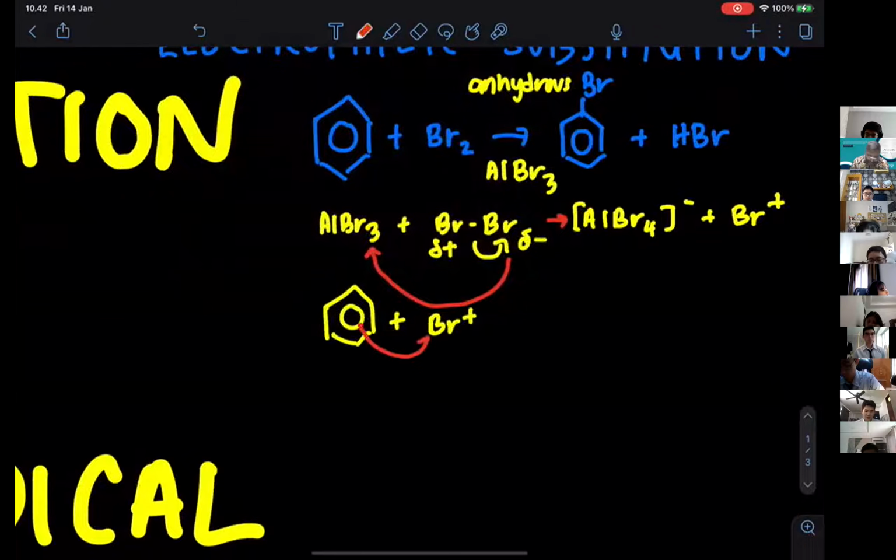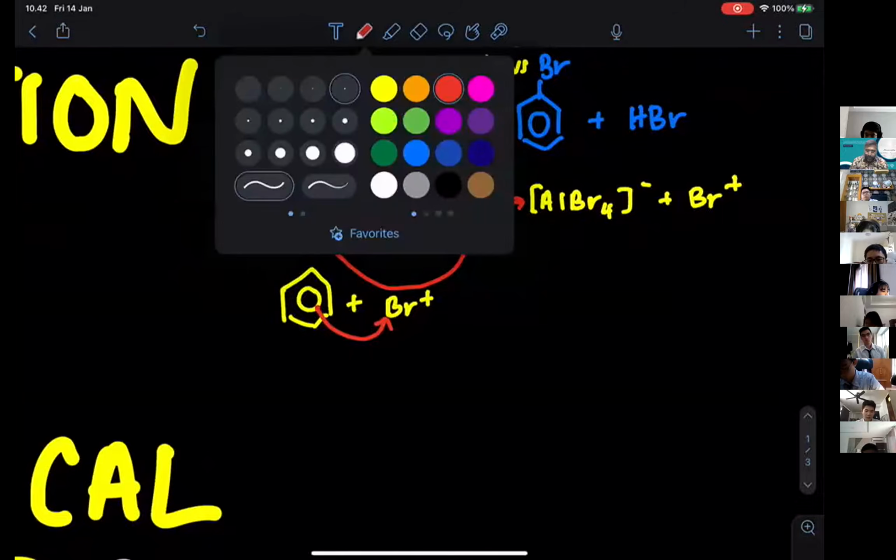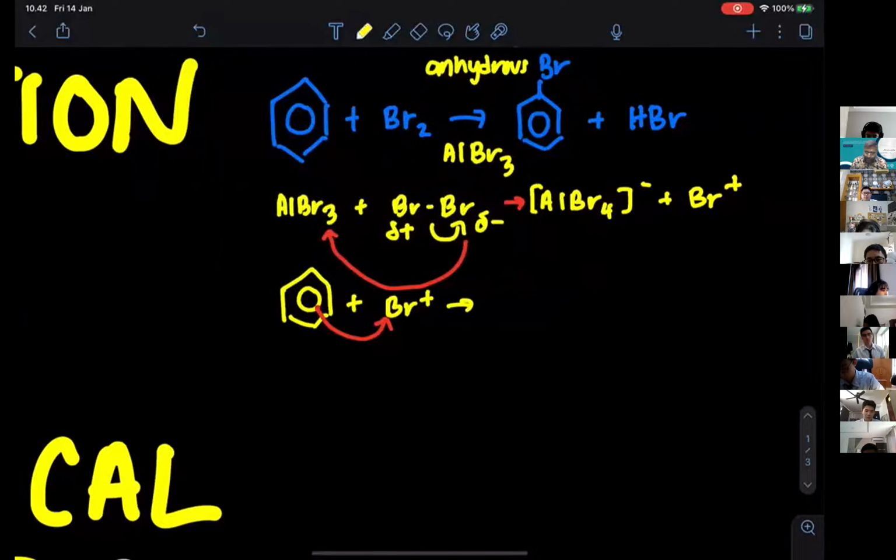It's going to be something like this, where one pair of electrons will go out and form a new bond with the Br, and the previous bond with the H still remains there. But this ring is going to become incomplete, where we have 4 electrons being shared, or the positive charge is going to be shared among 5 carbon atoms. So that is what is happening.